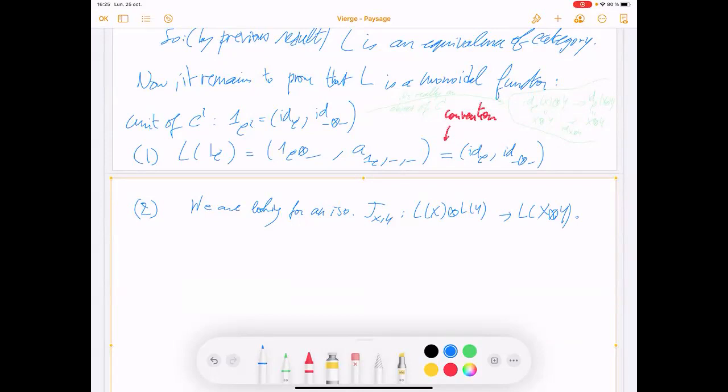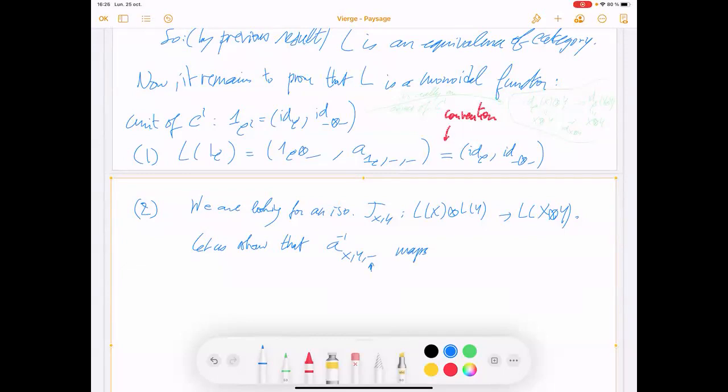So, but we need, so let us show that we can take, so that A maps. So let's show that you take the inverse of the associativity constraint X, Y, and empty space, I don't know how to call that.